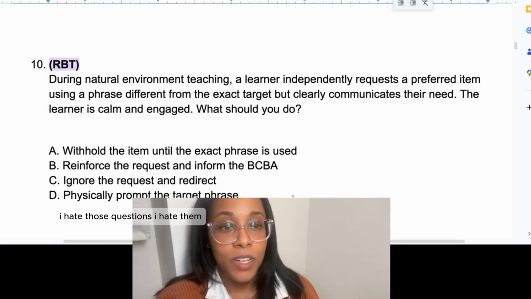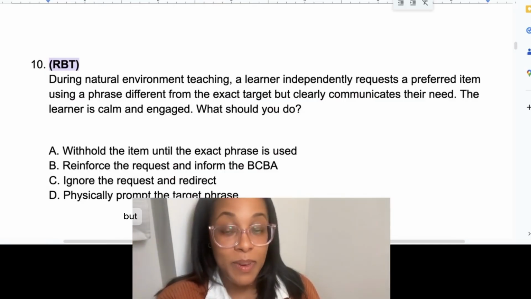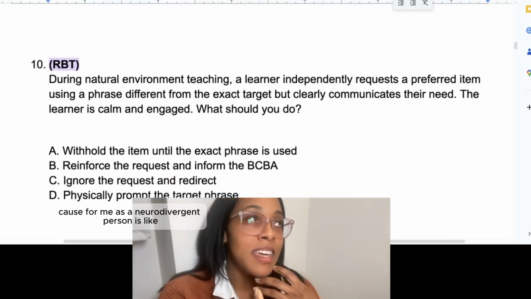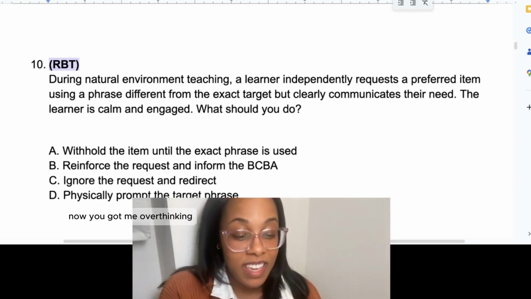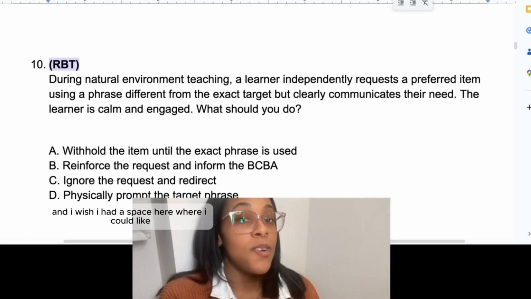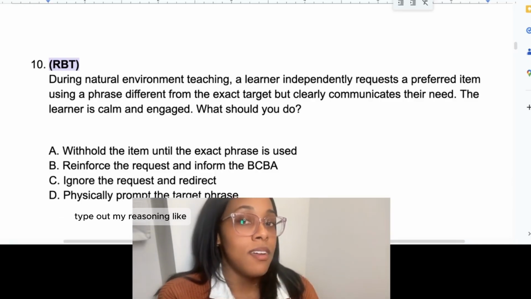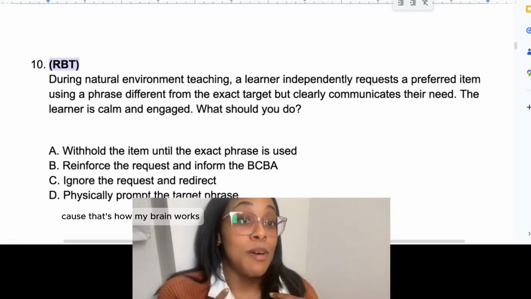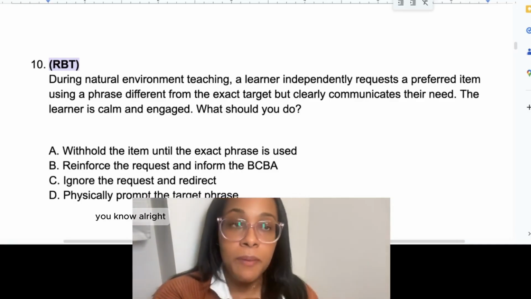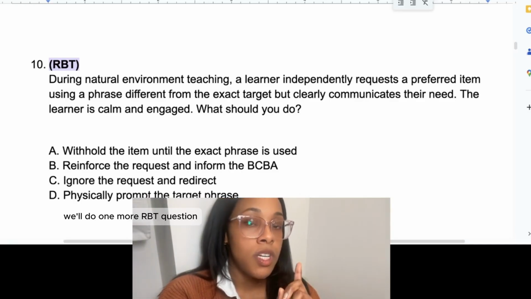I hate them. Because for me as a neurodivergent person, it's like, okay, wait, now you've got me overthinking, and I wish I had a space here where I could type out my reasoning. Like, but what if, because that's how my brain works.